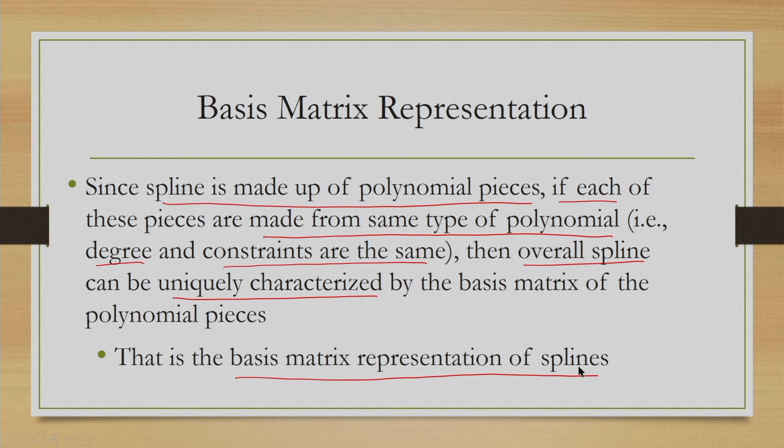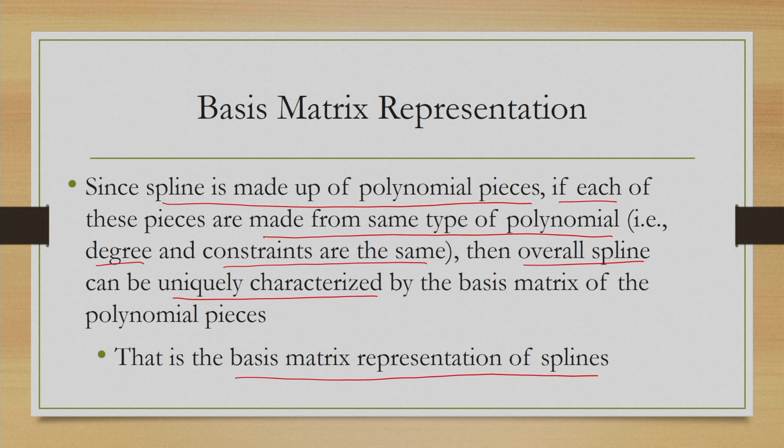So, to recap, given a polynomial, we can have a unique basis matrix for that polynomial under certain constraints. So, the basis matrix is suitable to represent the polynomial. Now, the same polynomial pieces are used to represent a spline.